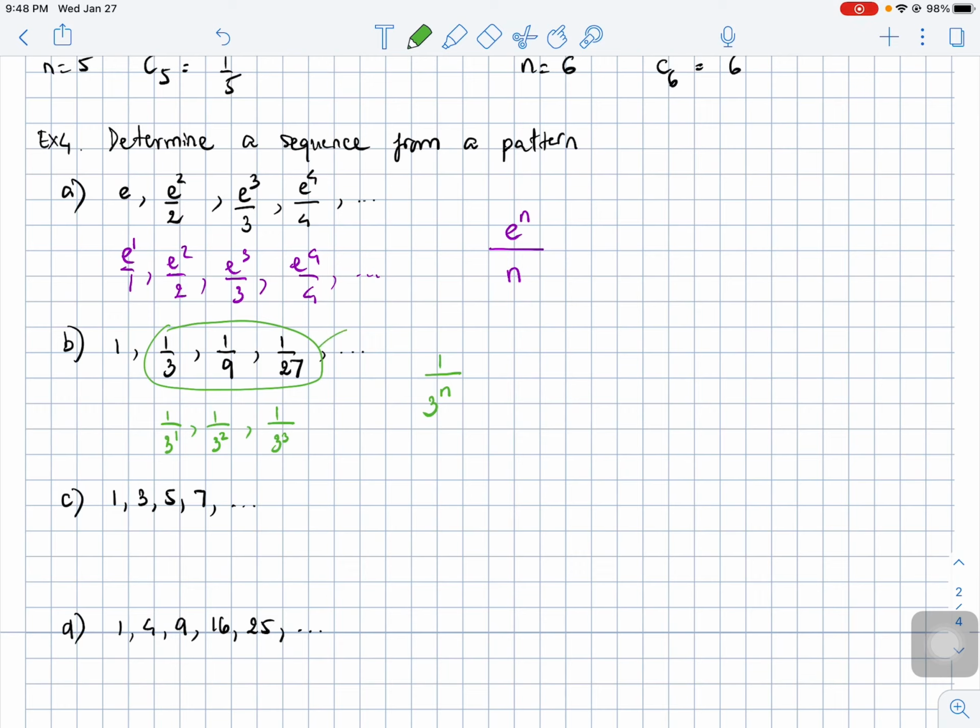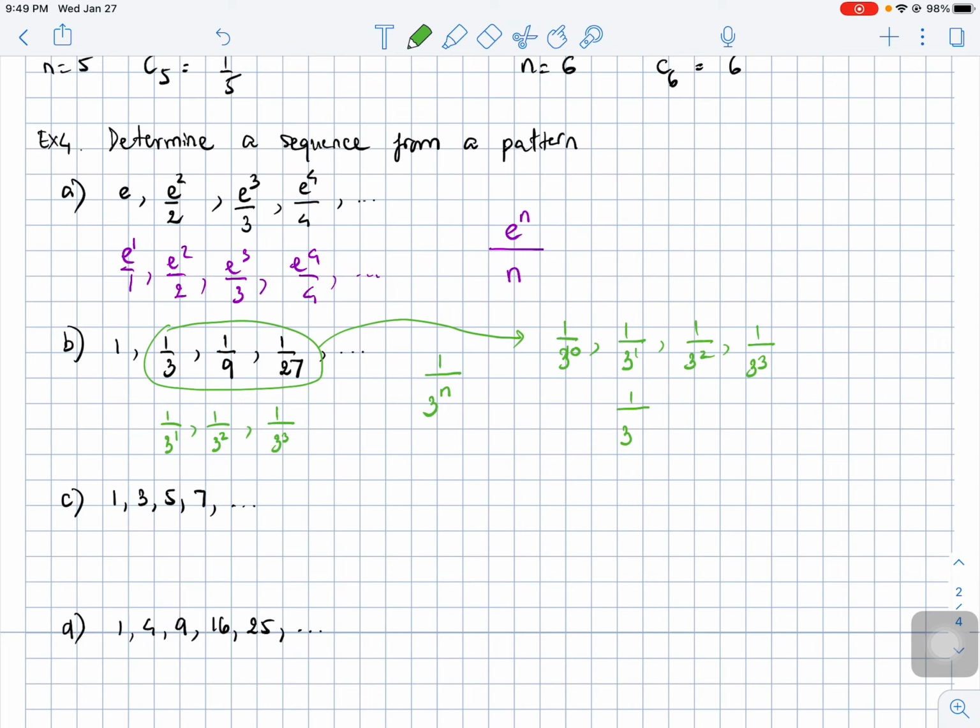But the problem is we have the 1 in the front. Let's rewrite this 1 over 1, or I can write it like 1 over 3 to the power 0, 1 over 3 to the 1, 1 over 3 squared, and 1 over 3 cubed. So our sequence is supposed to have 1 on the top and then 3.